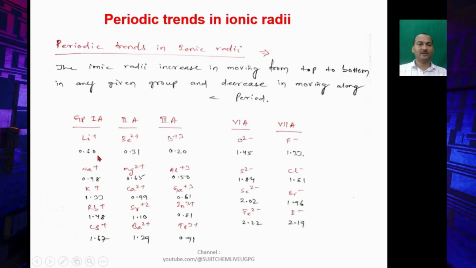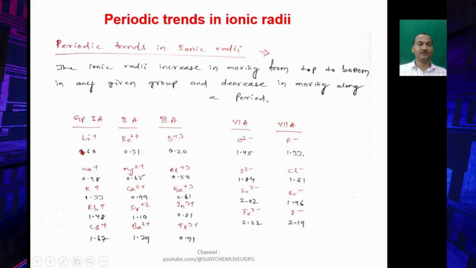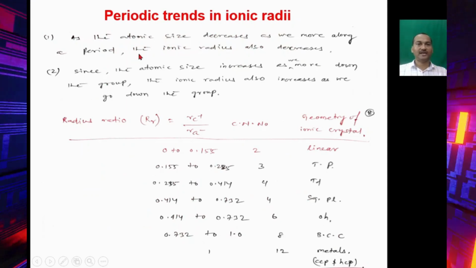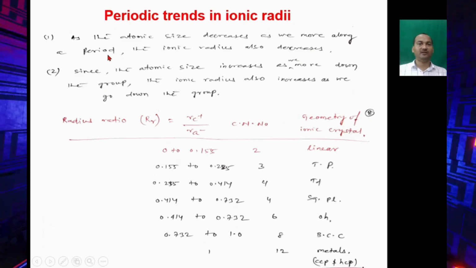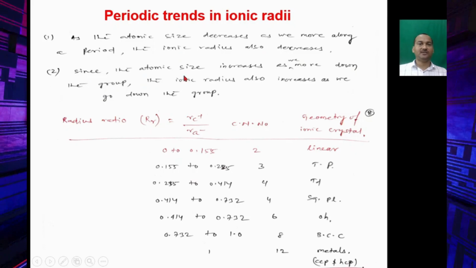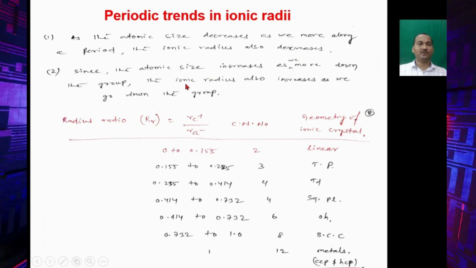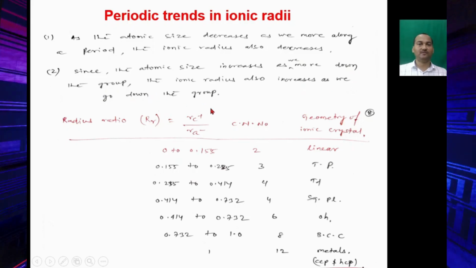Here for lithium it is 0.60 and for cesium it is 1.67. As the atomic size decreases as we move along a period, the ionic radius also decreases. Since the atomic size increases as we move down the group, the ionic radius also increases as we move down the group.